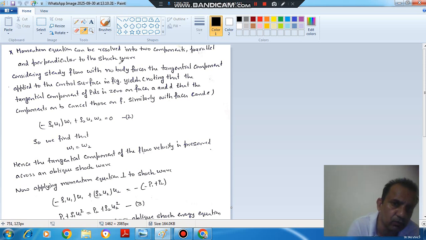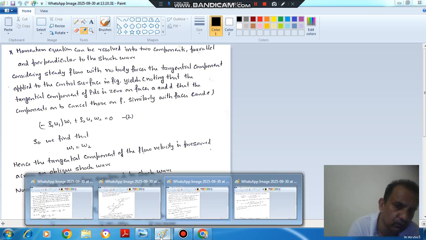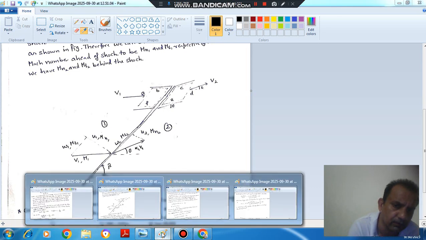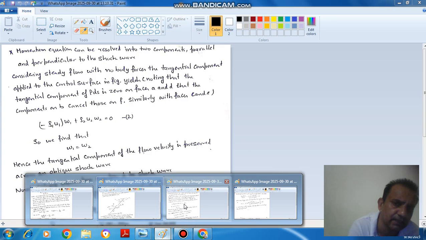The momentum equation can be resolved into two components, parallel and perpendicular to the shock wave, considering steady flow with no body forces. The tangential component applied to the control surface in the figure yields, noting that the tangential component of pressure is 0 on faces A and D. On these faces A and D the tangential component is 0 because there is nothing like tangential pressure.